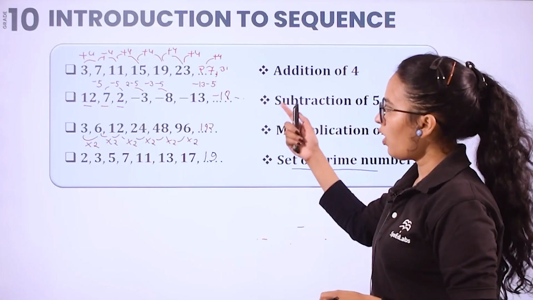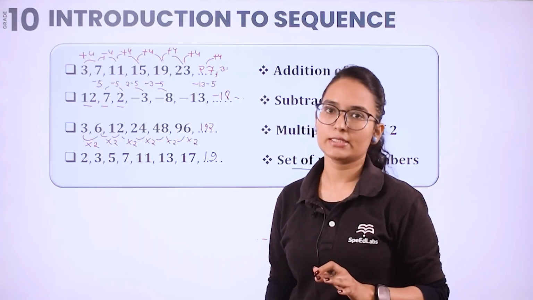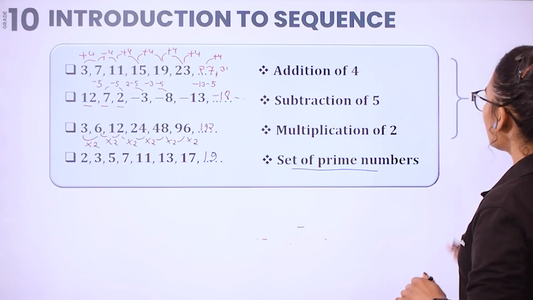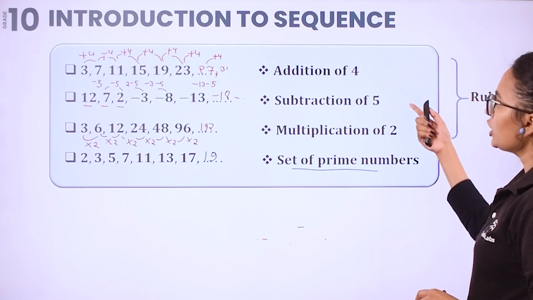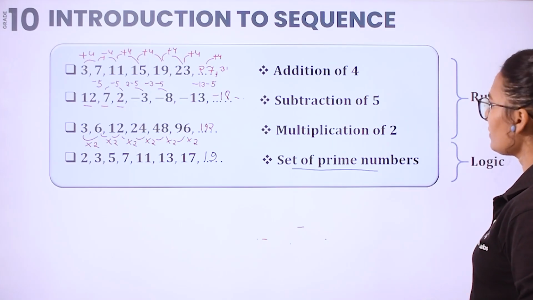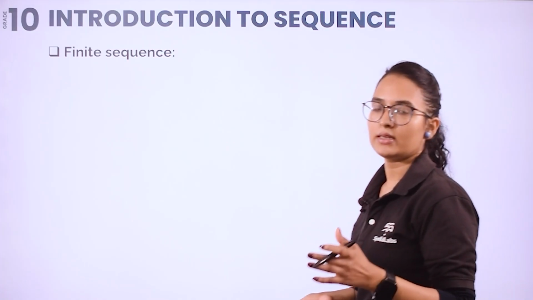In all the sequences given to us, we can always find out the next term if we understand this rule or logic, right? So here these are the rules: addition of 4, subtraction of 5, multiplication of 2, and this is the logic. That is why a sequence can have a logic or it can have a rule also.